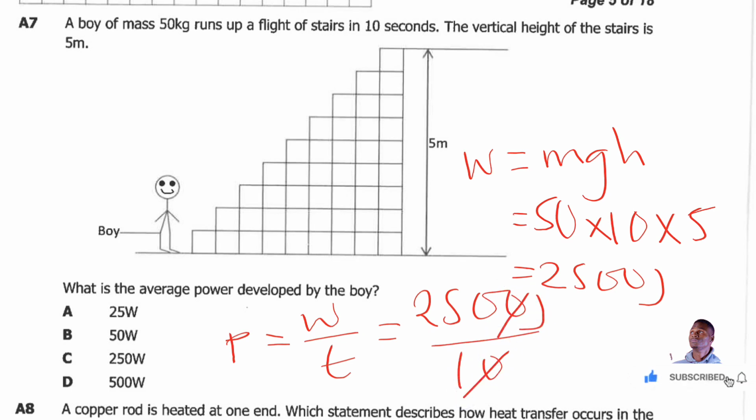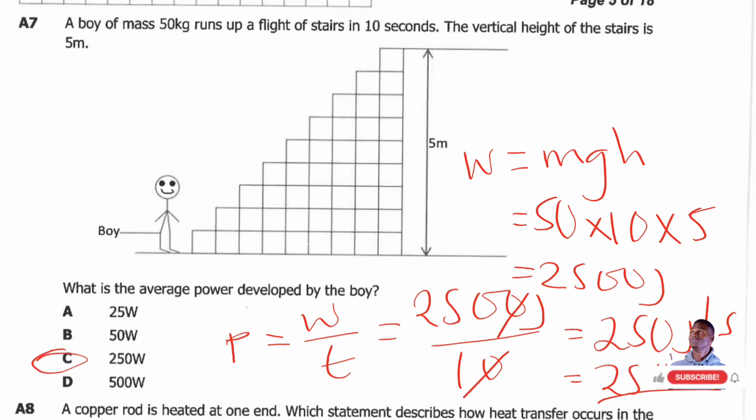This 0 and this 0 cancel, giving us 250 joules per second, which is just watts. The same as 250 watts. So the answer, do you have 250? Okay, good, we have number C.